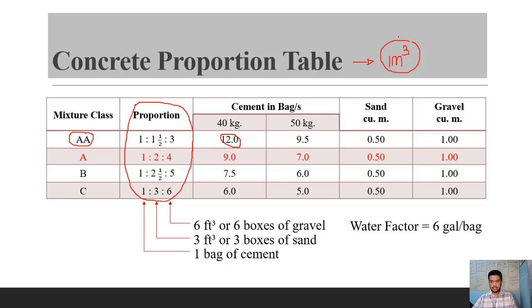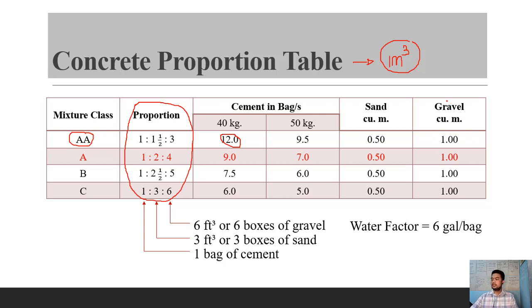If you are making 1 cubic meter of concrete, class AA, you should put 12 bags of 40 kilogram bag cement and 0.5 cubic meters of sand and 1 cubic meter of gravel.